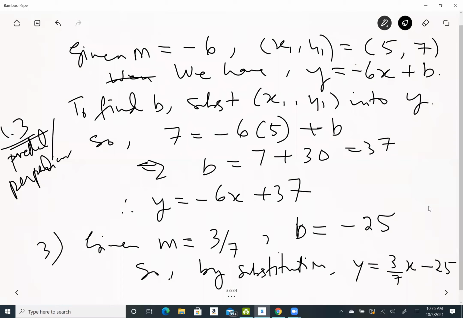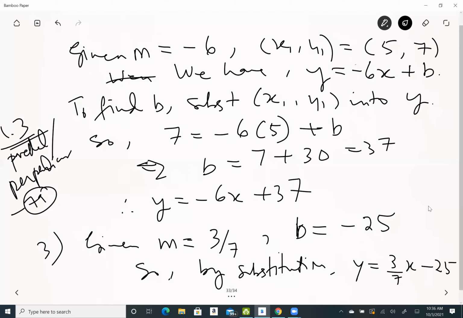If you look at the book, the 11th edition, this is on page 79. Okay, page 79. Right, so we are done with 1.3.